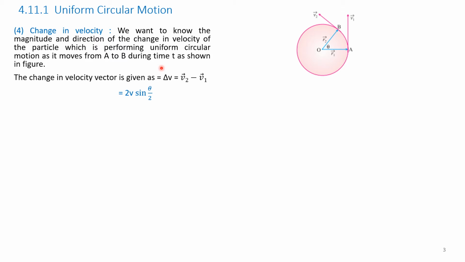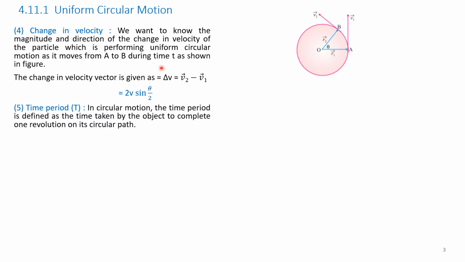That is equal to 2v sine theta by 2. Time period T is defined as the time taken by an object to complete one revolution on its path. That is, the time taken to complete one rotation of a circle is the time period capital T.